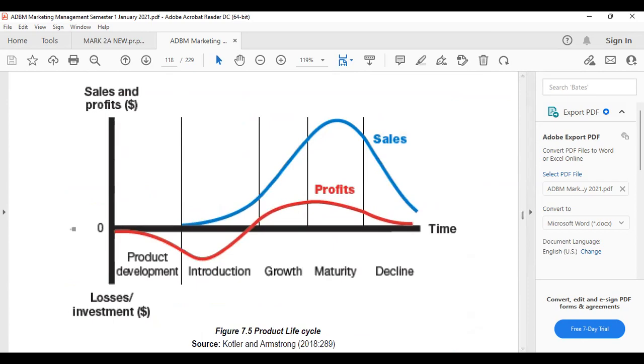What I would advise is you briefly talk about the product life cycle, and briefly talk about the different stages, before you can identify the stage that Gillette is in.